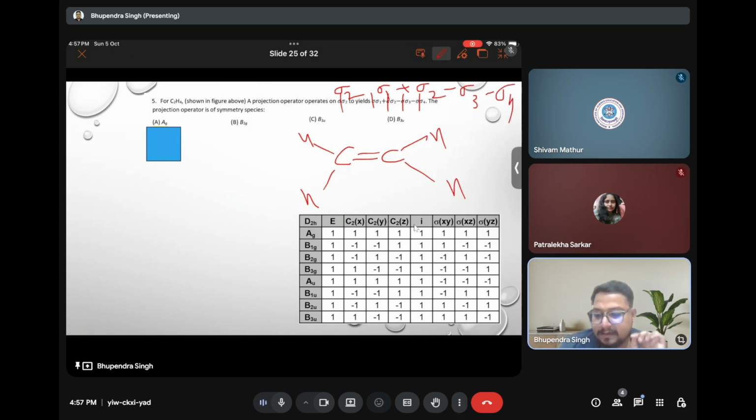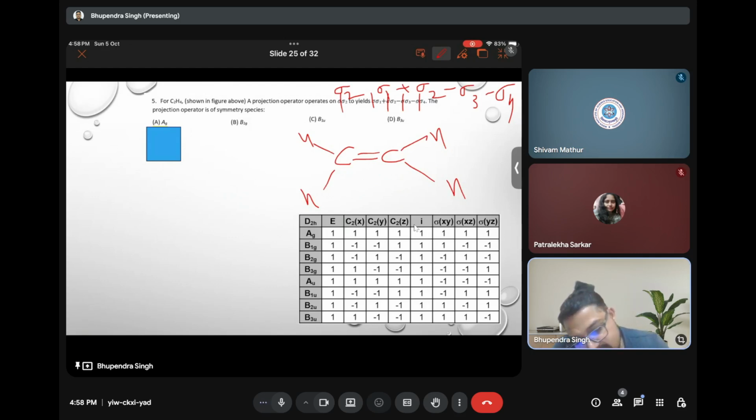This is misprinted, so remove this sigma first. The projection operator is of which symmetry species? So on which symmetry species does the projection operator apply? On the sigma 2 bond, which yields this. So they are asking for the symmetry species on which this is applied.